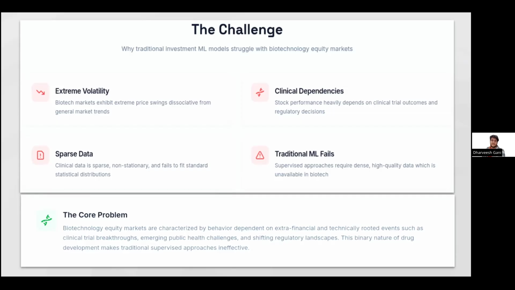If a certain company has some candidates graduate from phase 2 to phase 3 and phase 4, the valuation of the company could shoot up overnight, regardless of the market position or financial status of the company. These kinds of characteristics differentiate the biotech market from the rest of the market.